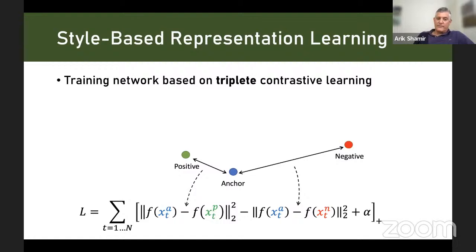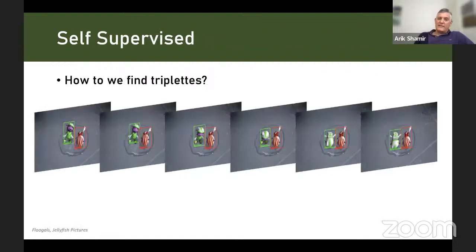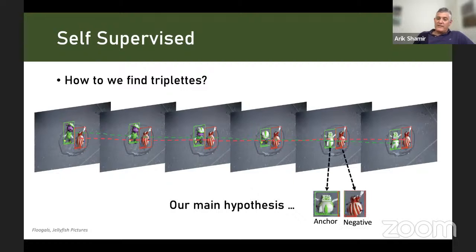of animation. Now, how do we find these triplets? So here comes our main hypothesis. We say that if we have in the same frame two different characters or two different candidates for character, these would be the anchor and the negative example. And then since we are using tracking, we search for the same anchor in a different frame, and we use that as the positive example.